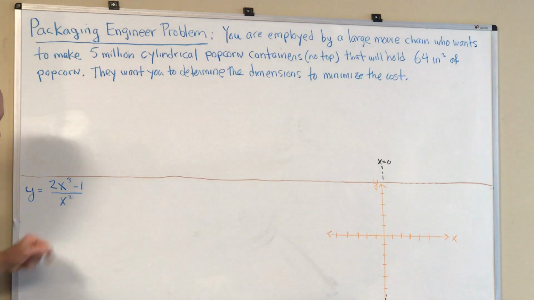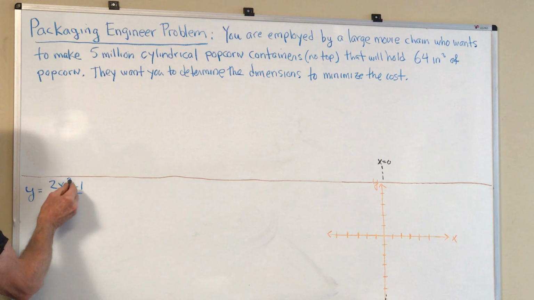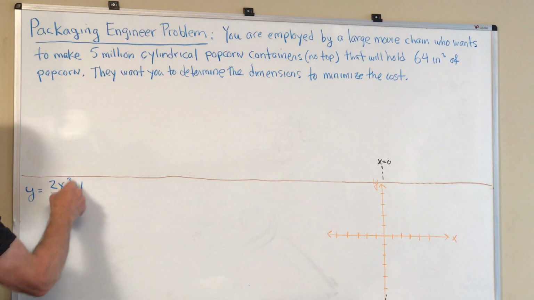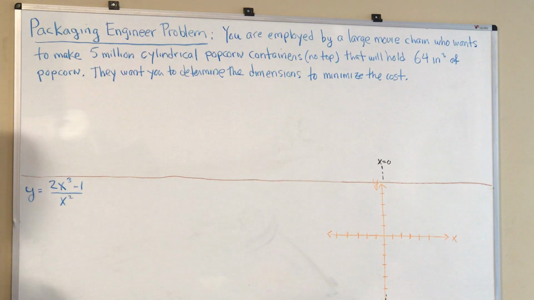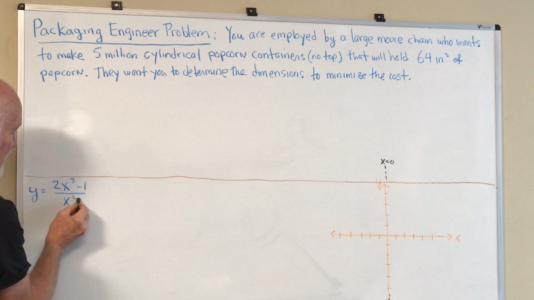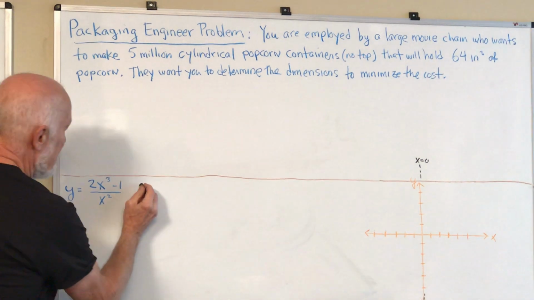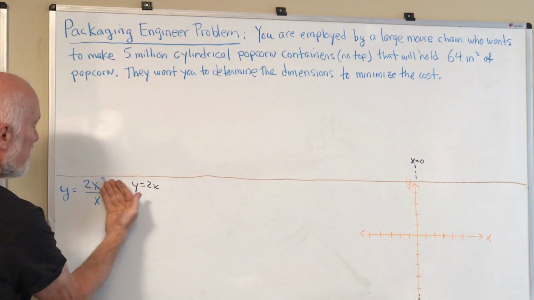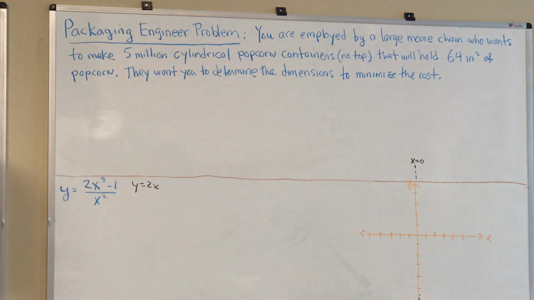But when I take the limit of this as x approaches infinity, if you remember back when we did limits, when there was a higher power in the numerator than in the denominator, you're not going to get a horizontal asymptote. The end behavior you get by kind of ignoring this -1, and we end up with y equals 2x as our end behavior model.